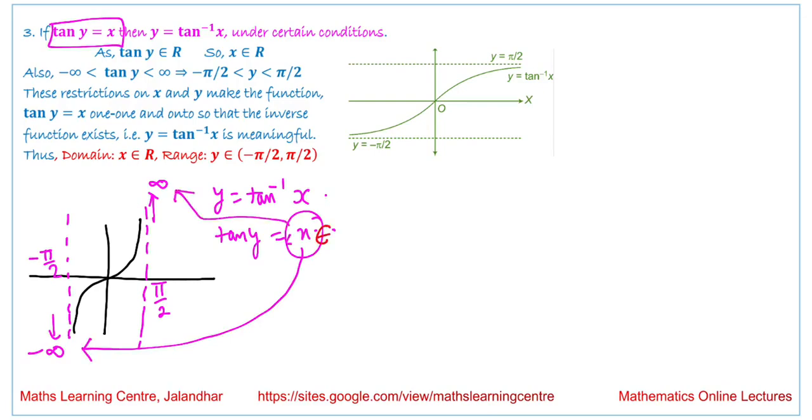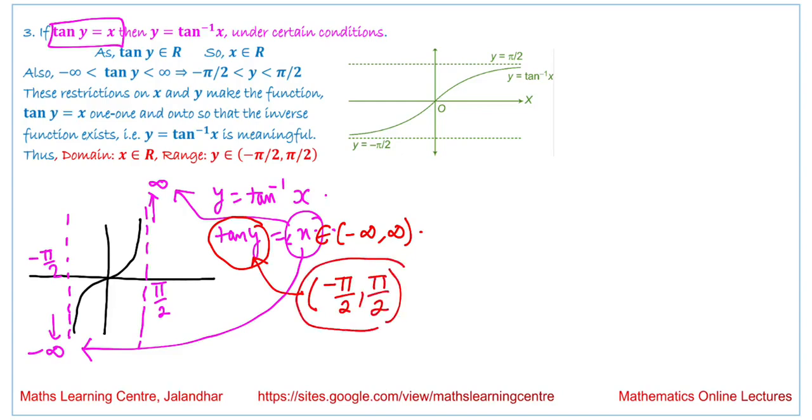And the values of y are restricted to the interval minus pi by 2 to pi by 2, and at both endpoints this interval is open because the function is not defined at minus pi by 2 and pi by 2.